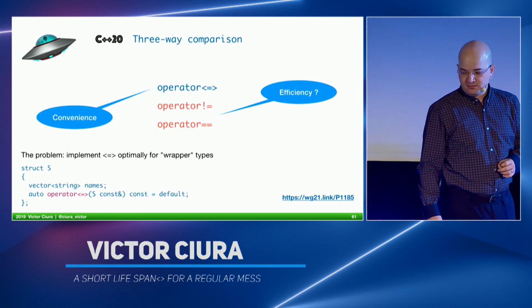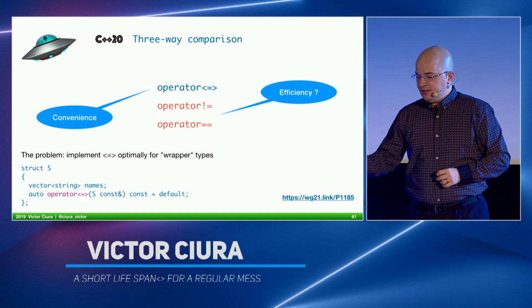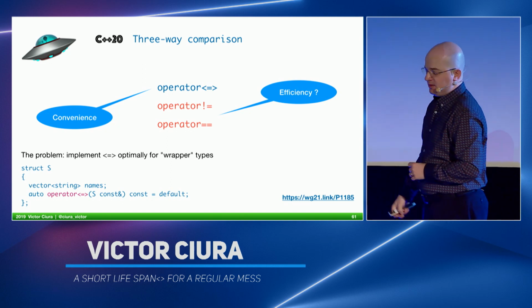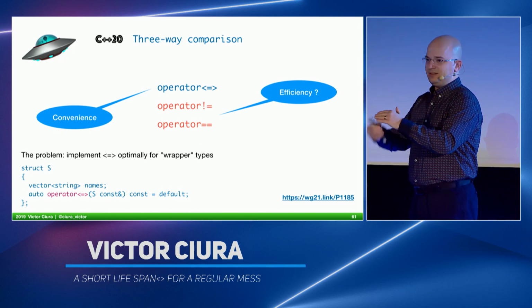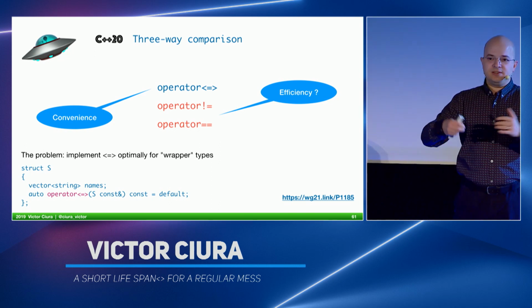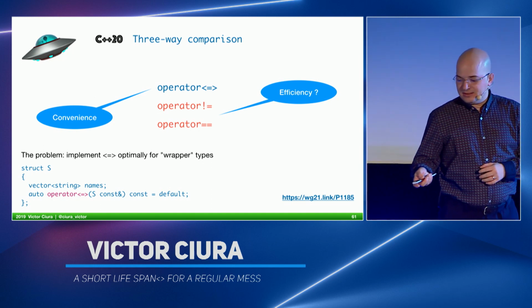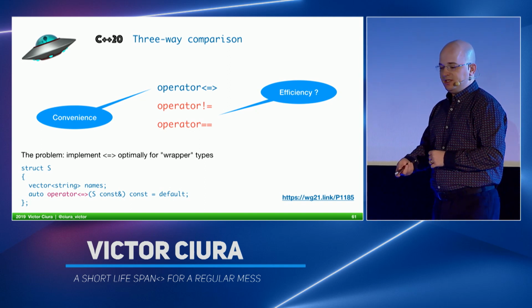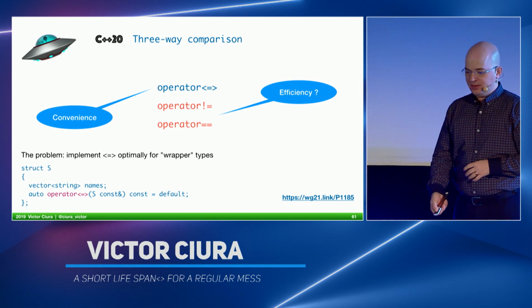And we have a contention here in defining this operator for types, or even for library types, because we want the convenience of this operator, so we don't want to write six different operators: less than, greater than, less than or equal, and so on. At the same time, we have the problem of implementing this efficiently for wrapper types, like the example I'm pointing out here.